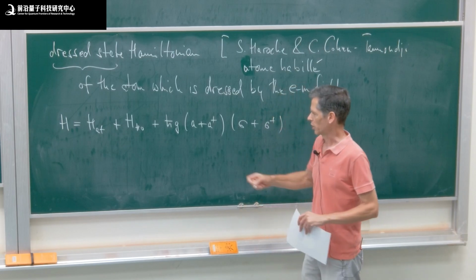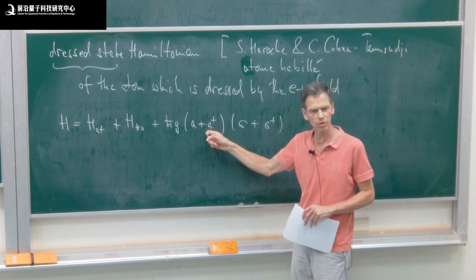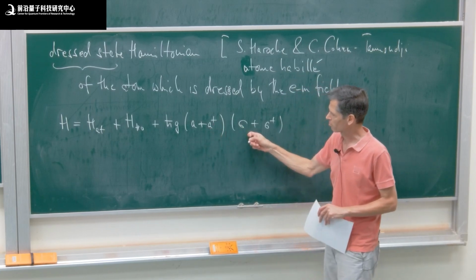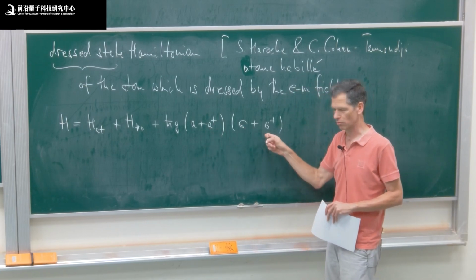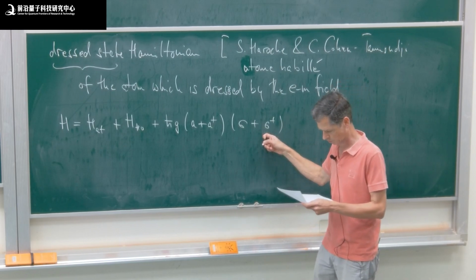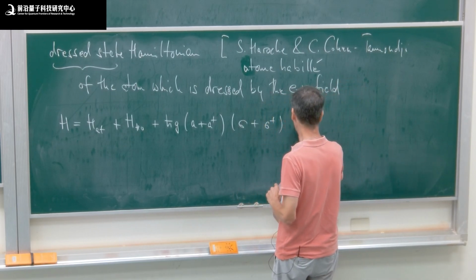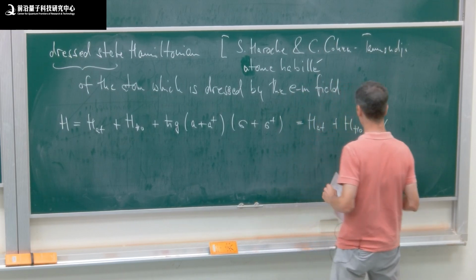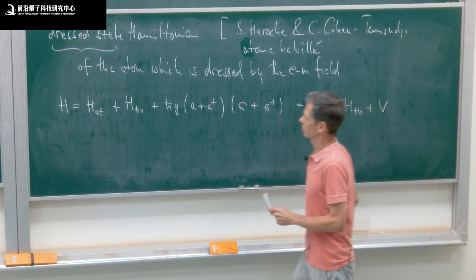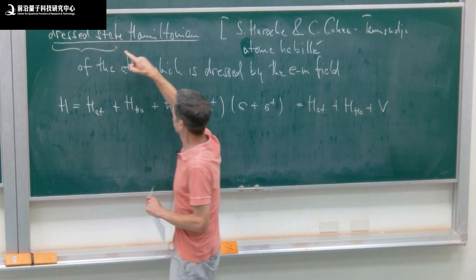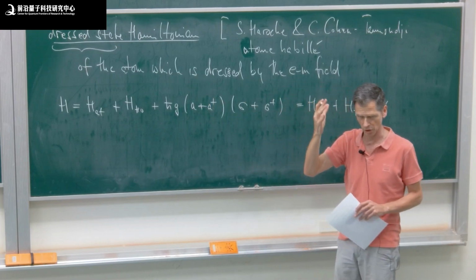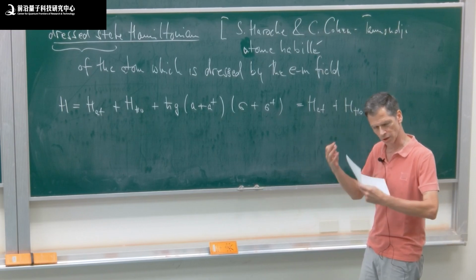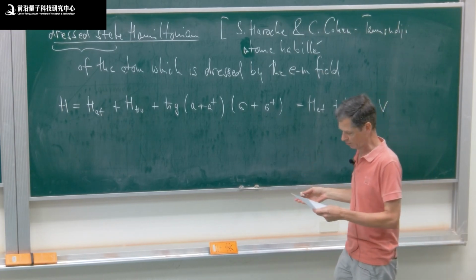Where these are the annihilation and creation operators of the one-dimensional harmonic oscillator of frequency capital omega, and this is the lowering and raising operator of the two-level atom. And so this we also would write as H atom plus H HO plus V. And here it's important that you remember, or that you hardwire this terminology, dressed states. So it's the energy of the total system, of the coupled system of atom and field together.